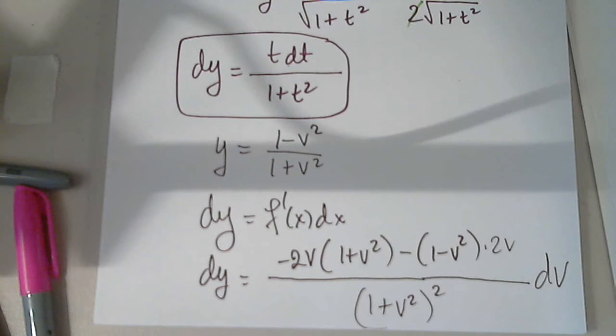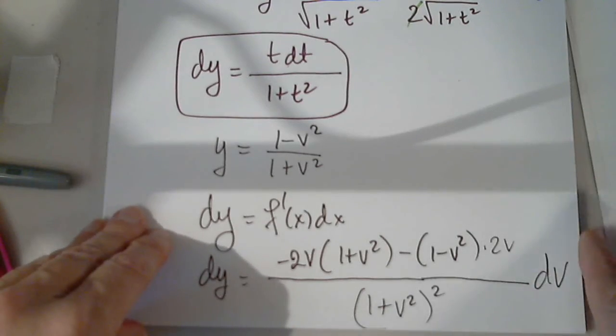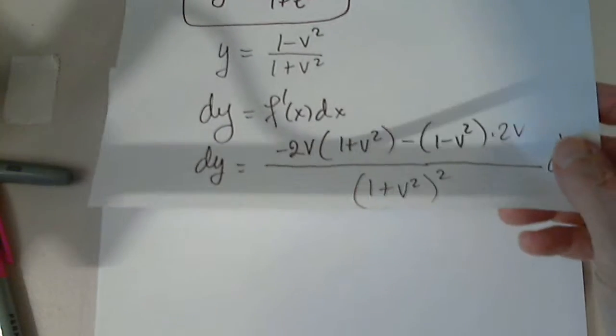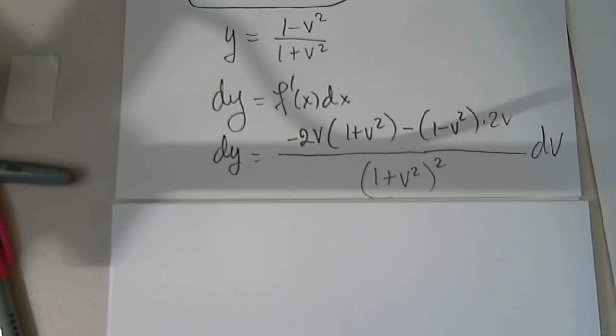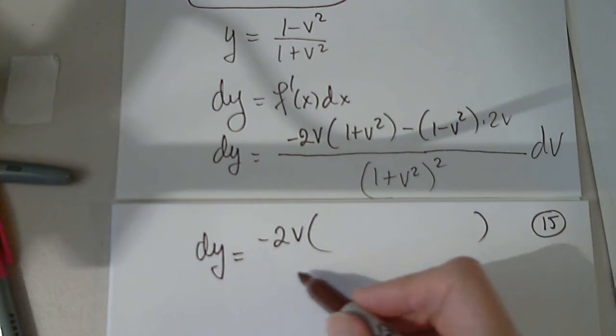Yes, I have to simplify it fully and present dy simplified. Okay, I will factor out 2v, of course, even negative 2v. So dy is negative 2v.